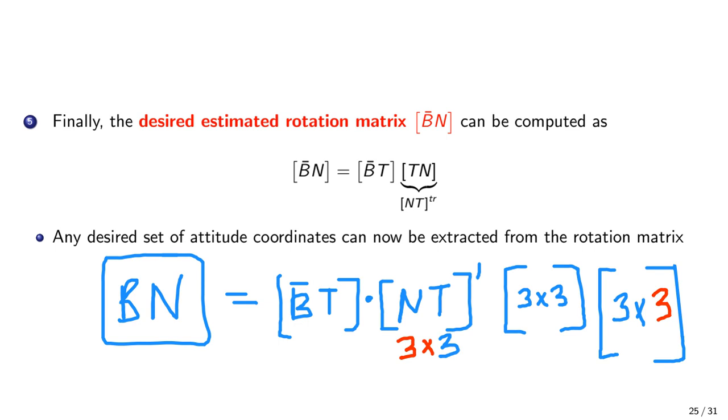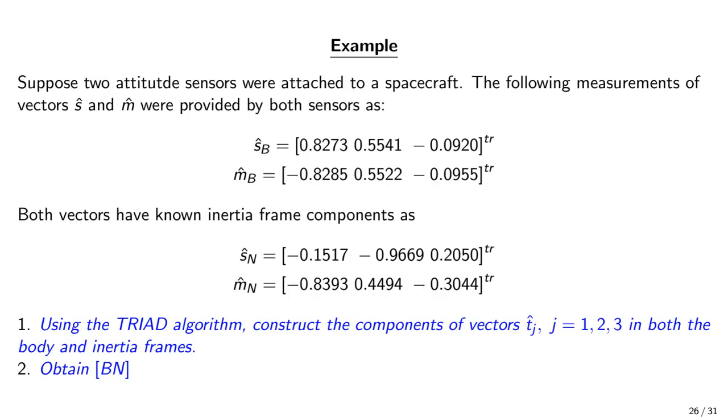Now let's look at an example just to drive home our point. Okay, this is what I'll do. I want us, because we need our MATLAB here, we need to compute this. Okay, this is an example.